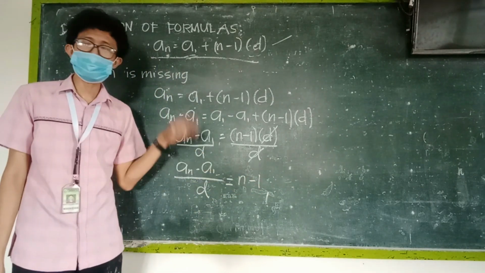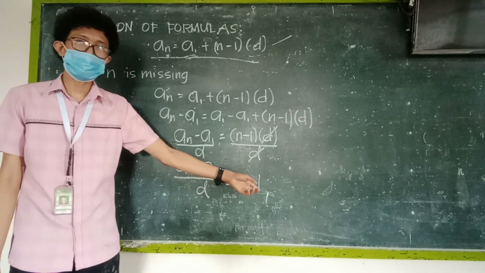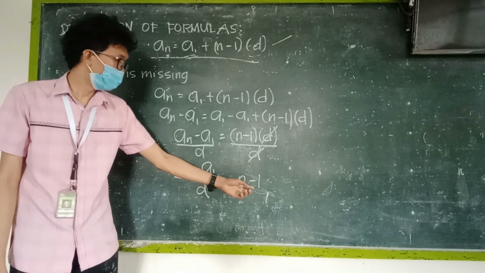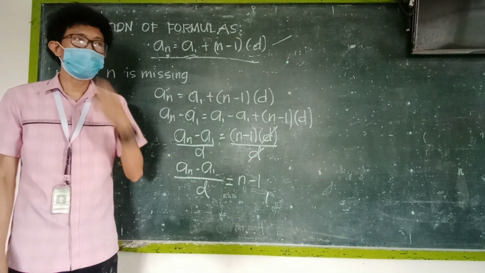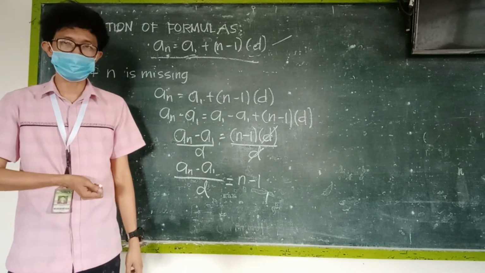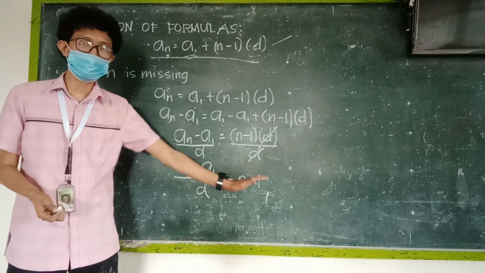N minus 1, dapat sabi natin kanina, yung n na lang ang matira. Pero, meron pa siyang partner na minus 1. So, since negative dito yung 1, para ma-eliminate ang negative 1, kukunin natin ang kanyang additive inverse, which is positive 1. So, mag-a-add tayo ng 1 on both sides of the equation.